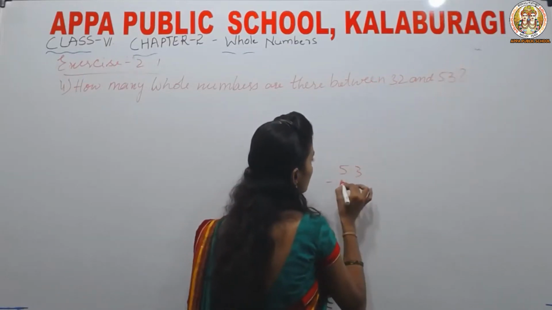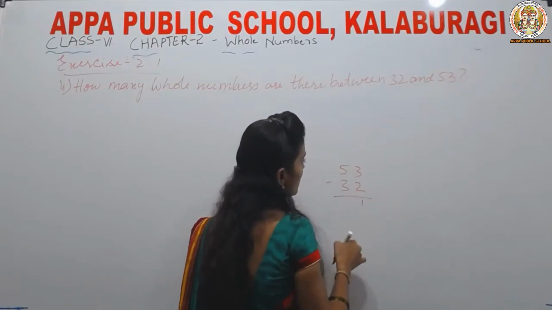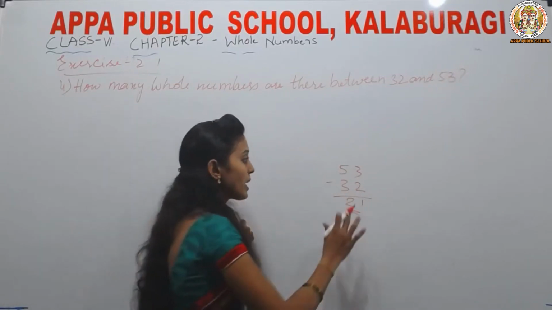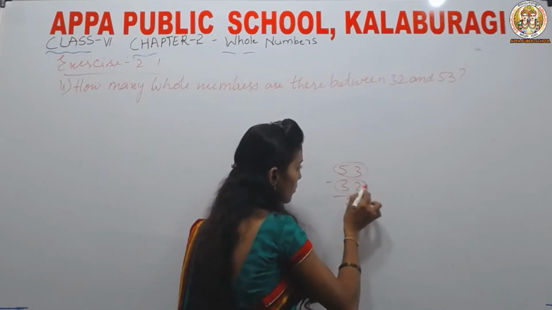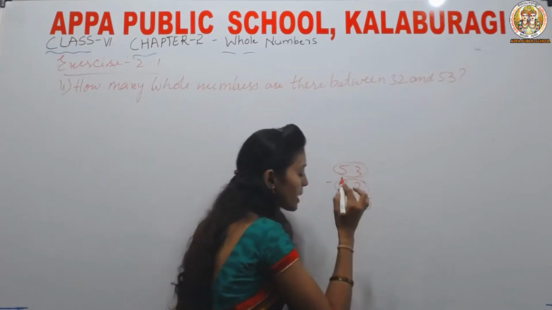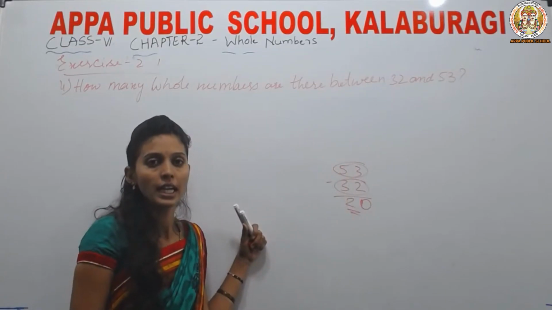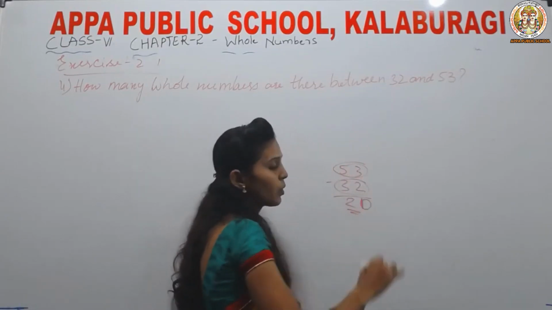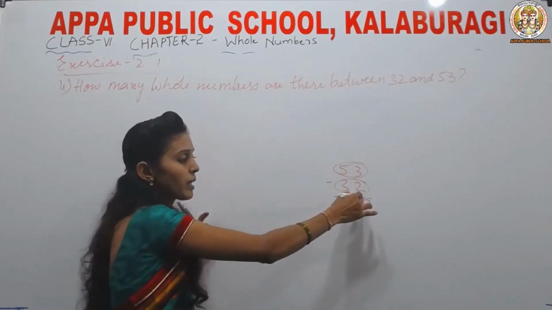Subtract 53 minus 32. How much will we get? 21 whole numbers. If we don't consider these two numbers, we will get 20 whole numbers. If we consider these two numbers, we will get 21. I mean, any one number. If we subtract, we will get 21.